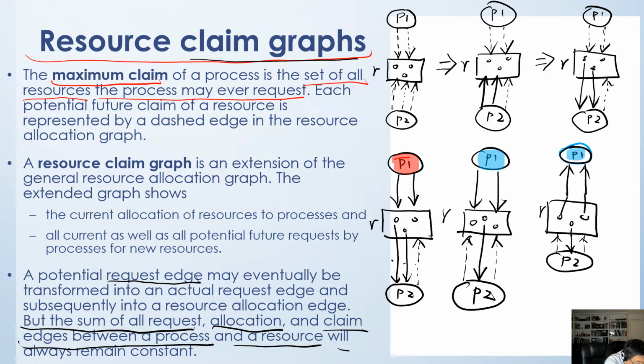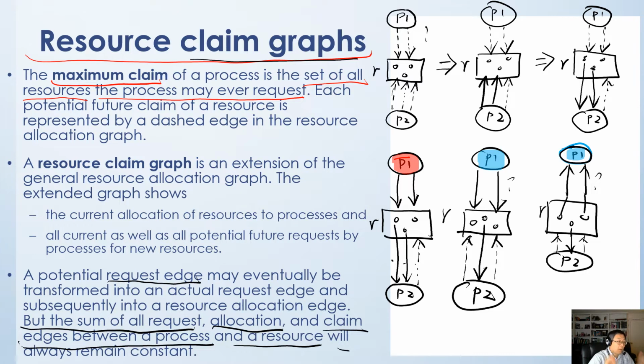And between the resource and P1, there are only 2. Either these 2 are both claims or both requests or both allocations, or just 1 request and 1 claim.